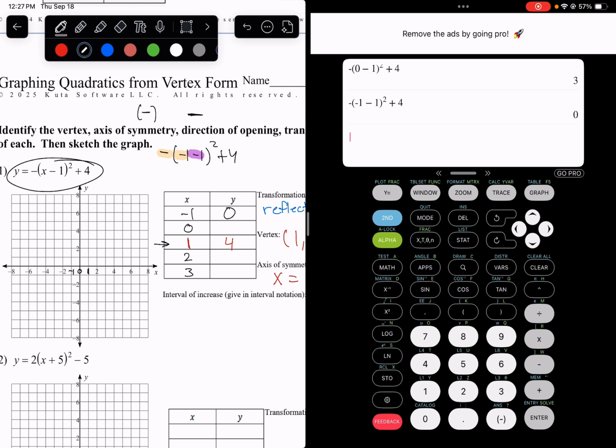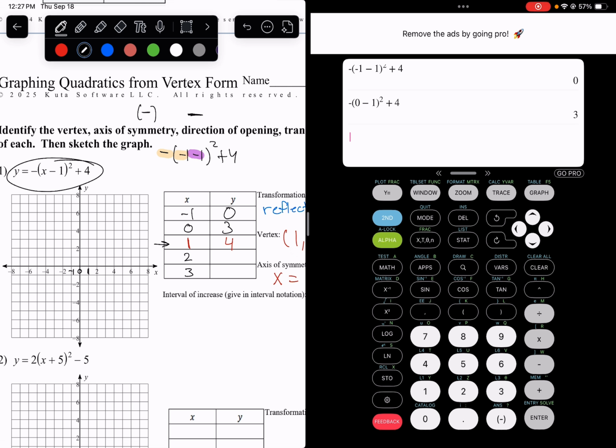Then I'm going to go plug a 0 in. Well, I actually already did plug a 0 in. That's how I got my y-intercept, but we could plug it in again. No big deal. We do negative, open parentheses, 0 minus 1, squared, and then plus 4, and I get 3. I don't need to plug 1 in because I know that my output's going to be 4 since that's my vertex. And then I'm going to go ahead and plug a 2 in.